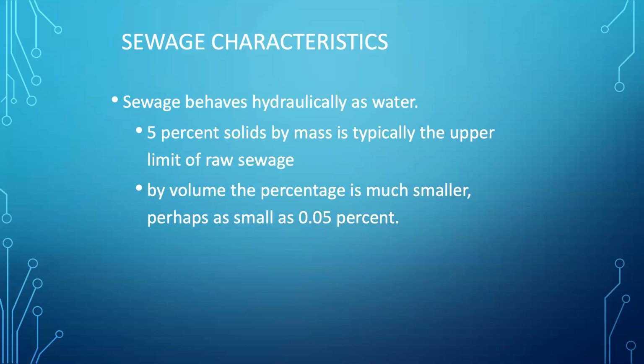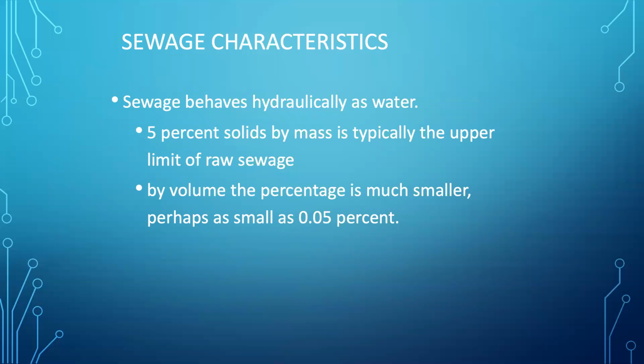Sewage itself behaves essentially as water. It's roughly 5% solids by mass is the upper limit of raw sewage. So if you have a kilogram of raw sewage, then 5% of that might actually be solids. The remainder is essentially water and bacteria and other little creepy crawlers.